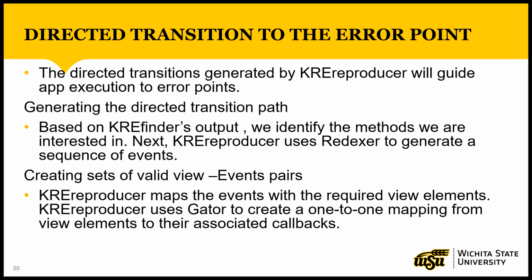KRE reproducer maps the events with required view elements. To do this, KRE reproducer uses Gator, which conducts static reference analysis to create a one-to-one mapping from view elements to their associated callbacks. Now we have a sequence of callbacks ready to be fired.